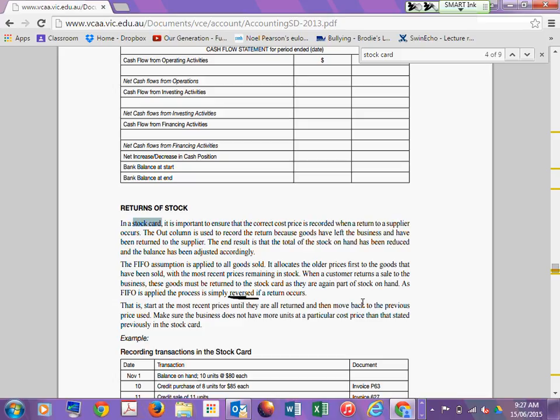As FIFO is applied, the process is simply reversed if it returns. Okay? So when first one's in, now the first one's out. So we reverse the entries when we're doing a sales return. Purchase return was easier because the cost price was on there and that's the stock that goes back in. But for this one, we actually have to do it keeping the FIFO in the balance column by reversing the entries. When we do a few, it'll make more sense.